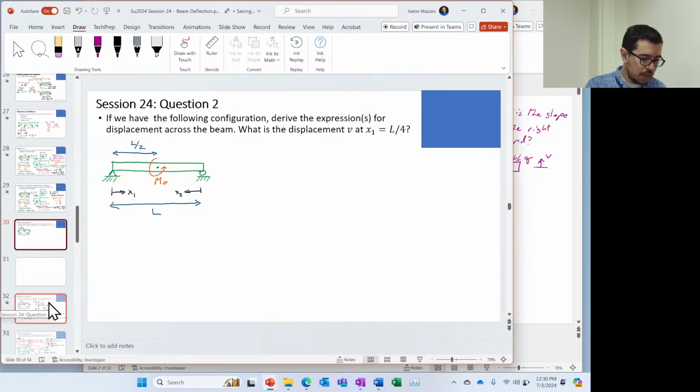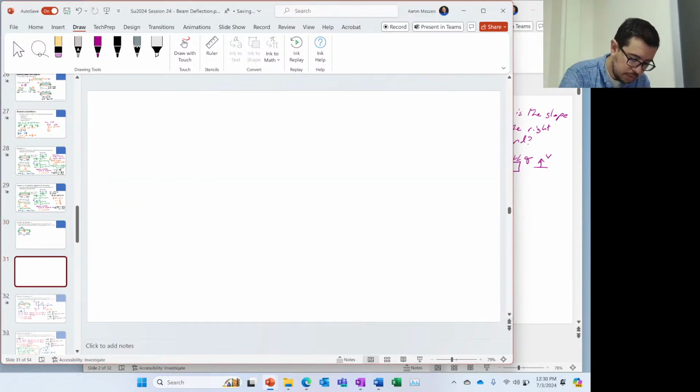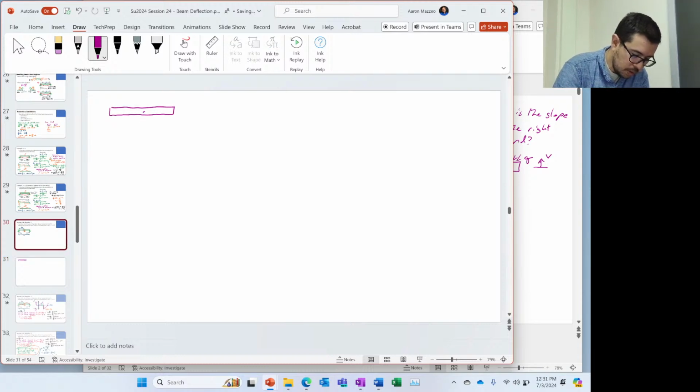Maybe we've done this before, I'm not sure, but the internal bending moments essentially look like, okay, so here we go. This is a beam. Which direction? Okay, this direction. Pinned, rollered like this, and the bending moment.